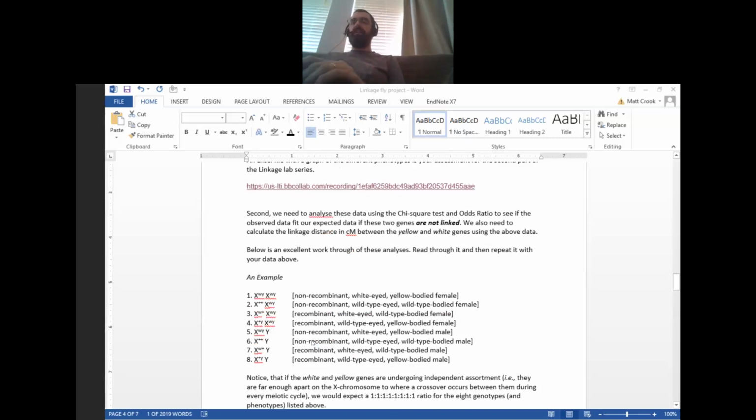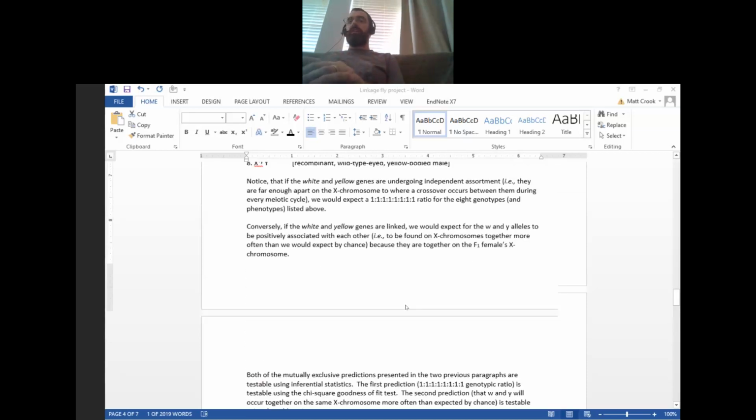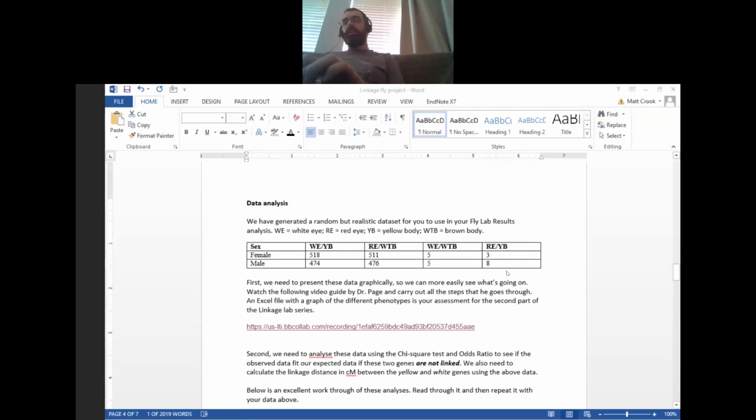The data here are not your data that are being used here, but they'll do the same job, right, in terms of practice. And so what you need to do is take these data, calculate totals, calculate expected values from these, and then do a chi-squared test to see whether or not the data you get are what you expect.